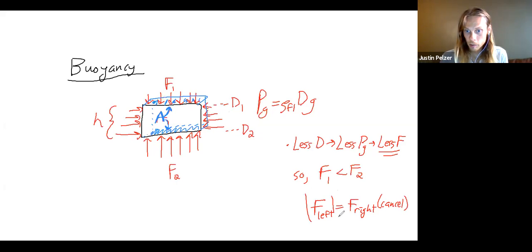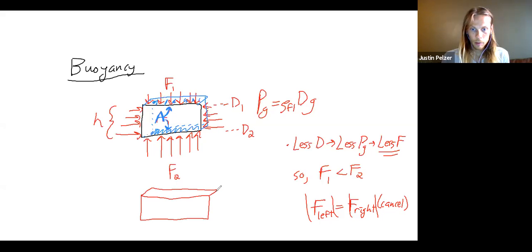In terms of magnitude, I'll be accurate, the magnitudes are equal, so they cancel, which means we have a net force upward on the box. If I were to redraw the box, I have a net force upwards. We call that buoyancy, which is the difference between the pressure forces on the bottom and the top.